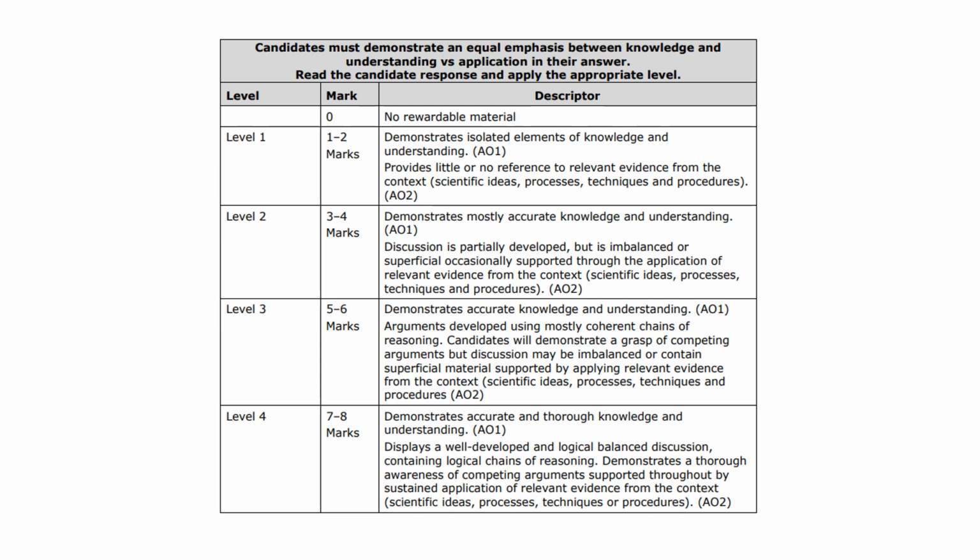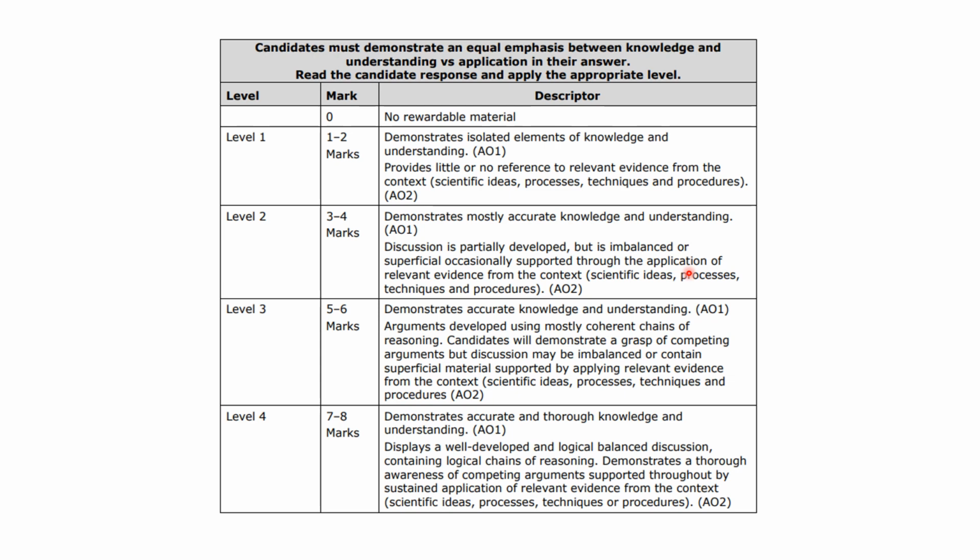Always identical on every single discuss question. So this is where it clearly indicates why you need to talk about other models and why you're not going to get away with just talking about the multi-store model. So if you look at the difference between band 2 and band 3, in band 2 we've got this development is partially developed and imbalanced and superficially associated and that kind of thing.